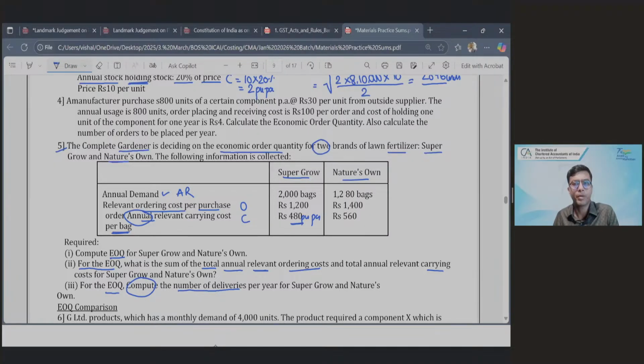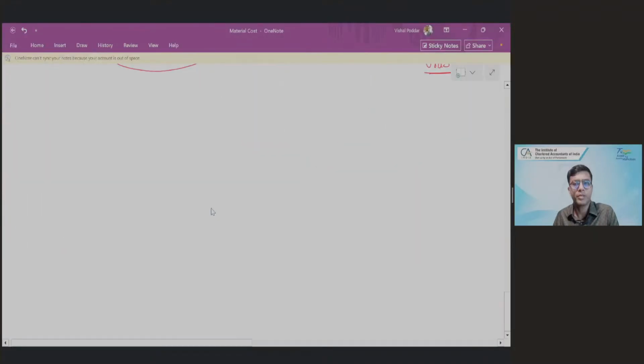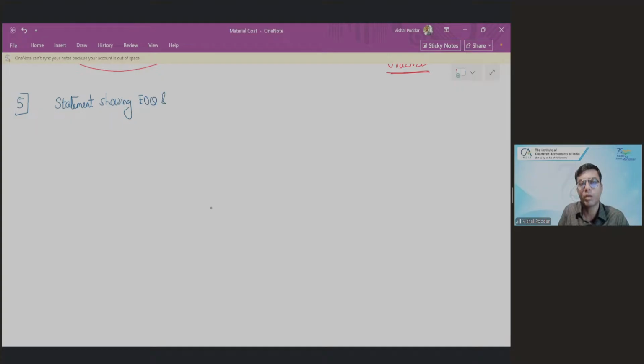Now, since there are two material items and there are multiple questions, I should do a proper presentation in exams. Now, this presentation we will do in the form of a table. Whenever you are making a table, you should always give a heading: statement showing EOQ and total cost.